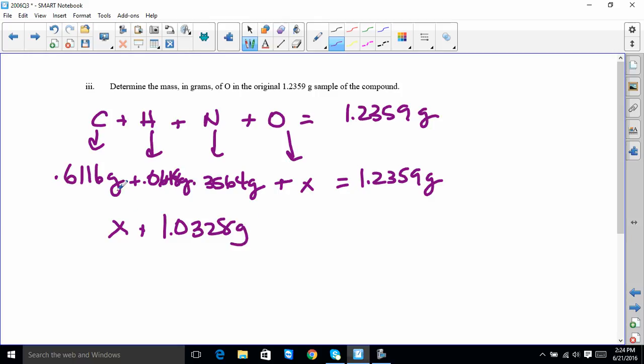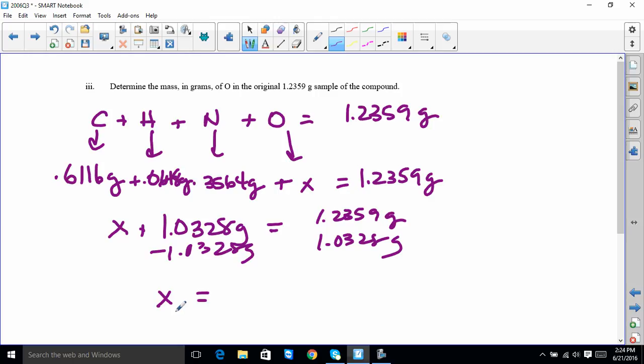Let me just check this quick on my calculator: 0.6116 plus 0.0648 plus 0.3564, it's 1.0328 equals 1.2359 grams. Then to subtract the 1.0328 grams from both sides, you end up with X is 0.2031 grams of oxygen.